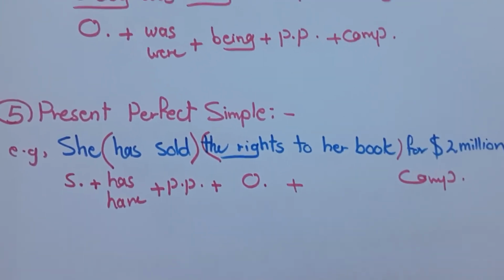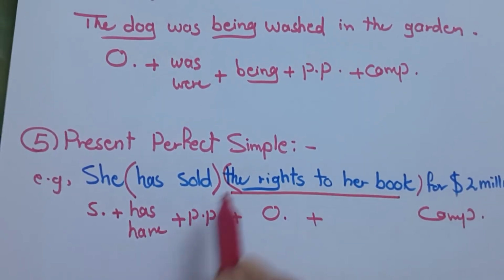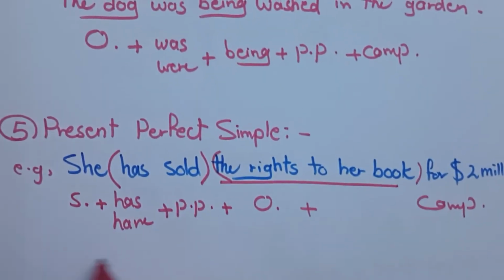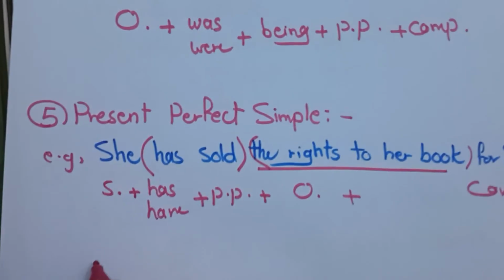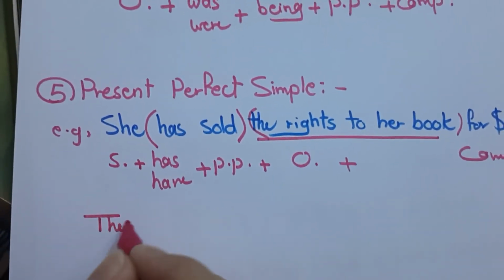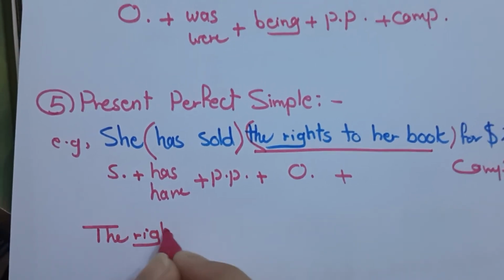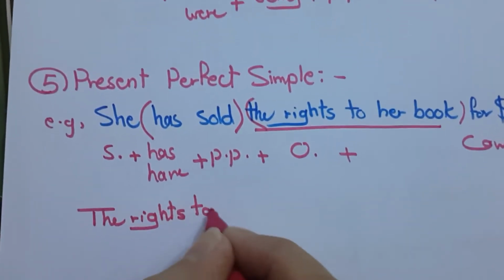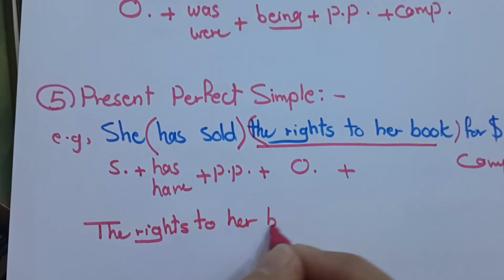Let's make it passive. This is the object of the sentence. Put it at the beginning. The rights to her book.